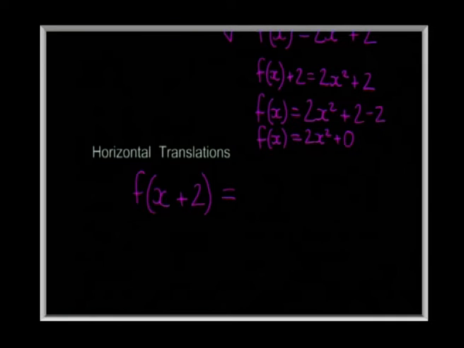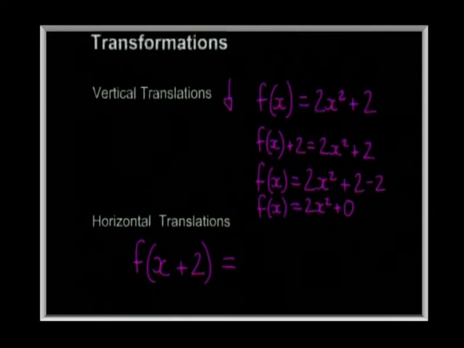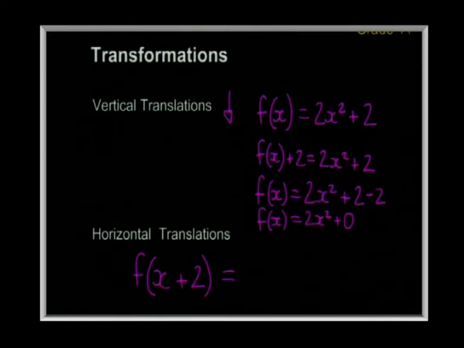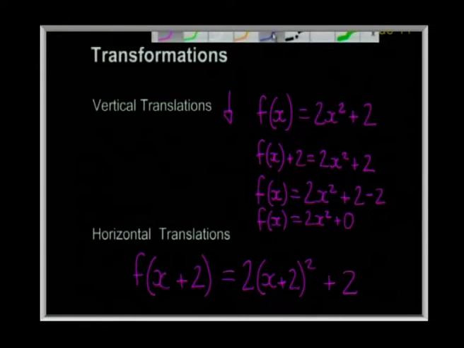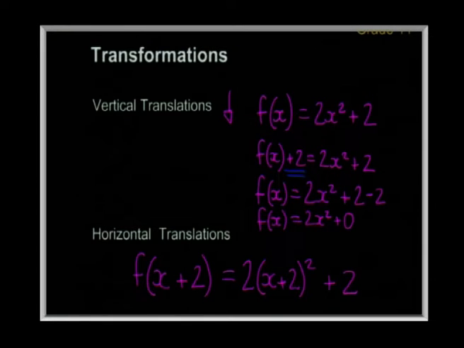We're going to have to change all of the x values that were over there. So it now becomes 2 times (x plus 2) squared plus 2.